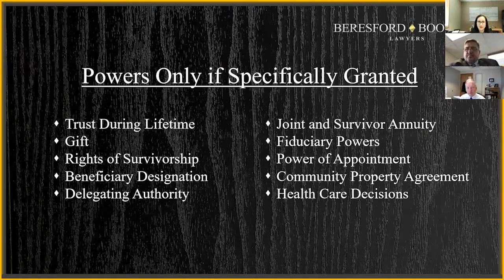However, the state of Washington, and I'm sure there are several other states that have done the same thing, have said that regardless of the language in the power of attorney document, there are certain powers that, unless they are specifically granted, your attorney in fact does not have. On the screen right now, I've put up 10. The statute actually deals with about 12. Only one of them is really in the healthcare decisions. That's a specific one.